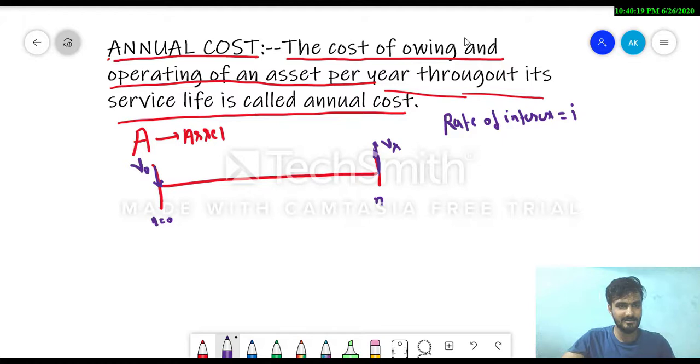Now understand one thing. Generally how much amount of money you are actually going to invest here, that is the main concern.